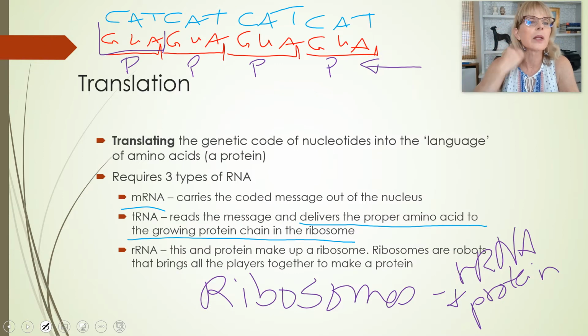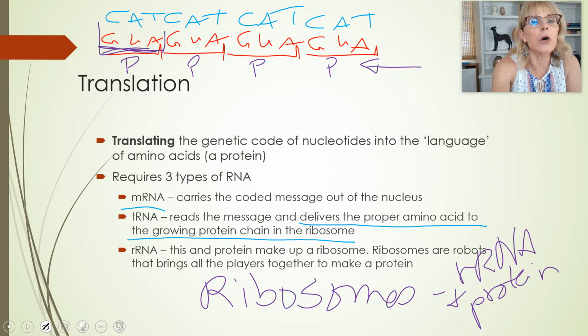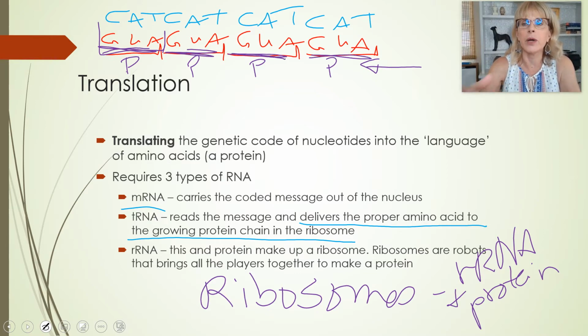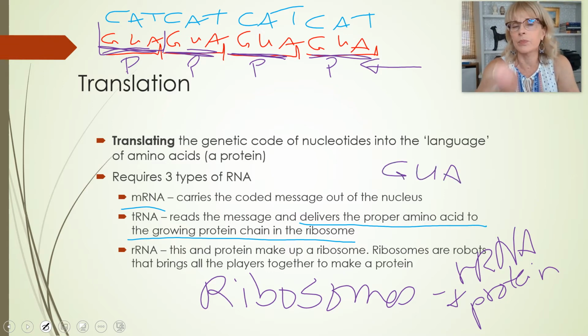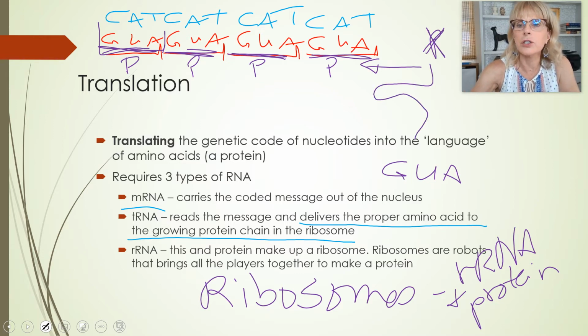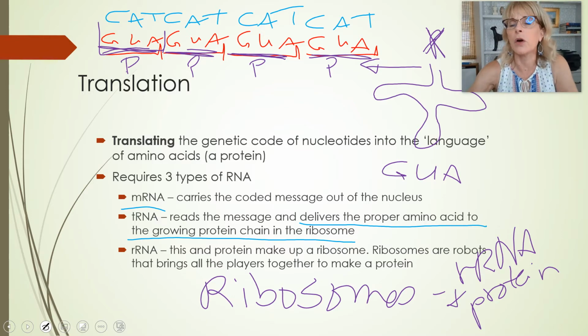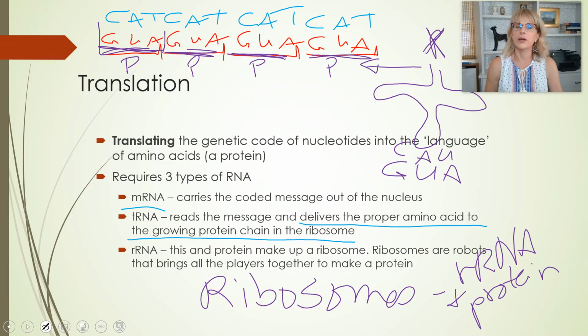Let's go back one. If this is the codon on the messenger RNA, GUA, and if this codon, GUA, is meant to put a proline here, then the proline, or whatever amino acid, we'll say amino acid X, would be attached to a transfer RNA whose anticodon is CAU, right?